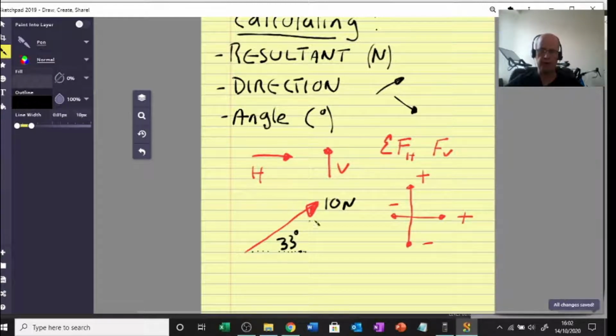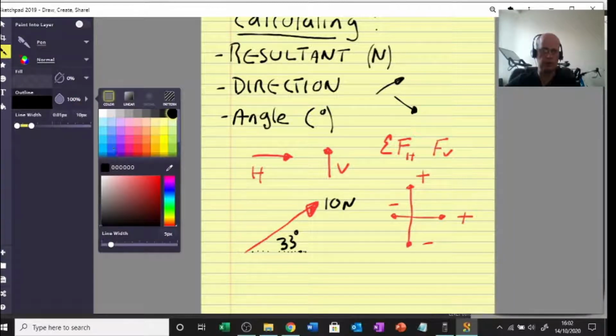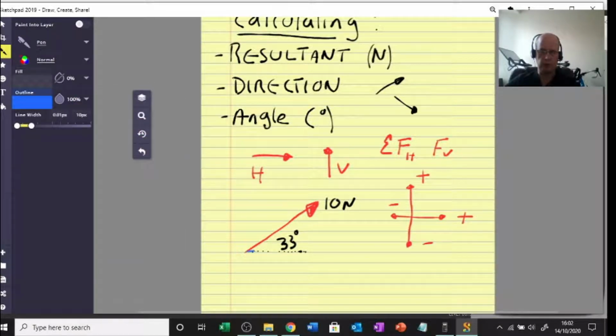Don't forget, we can't just put the 10 in the grid. We've got to work out its horizontal component and its vertical component. Every resultant force will have a force in the horizontal. It will also have a force in the vertical, because it will.